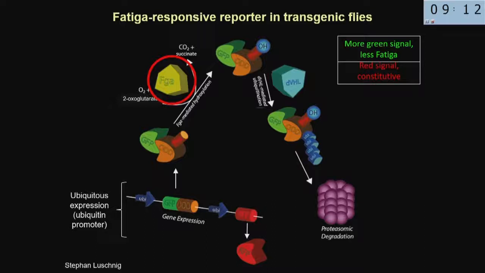It's reported in transgenic flies, in which the oxygen-dependent degradation domain of HIF, the one that has the prolyl residue, is fused to GFP under control of a constitutive promoter, so that when this prolyl residue is hydroxylated by the action of the prolyl hydroxylase fatiga in the presence of oxygen, it's rapidly ubiquitinated and degraded, and if fatiga is reduced, then we will not have this rapid degradation.